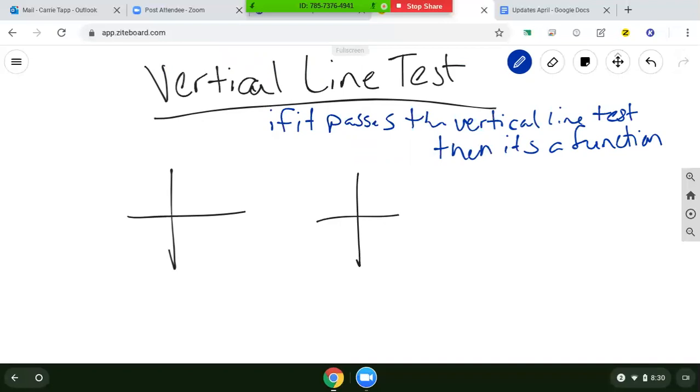Okay, so let's say I have a function that looks like this. They don't always have to be a U shape, but I'm going to start with the U shape.